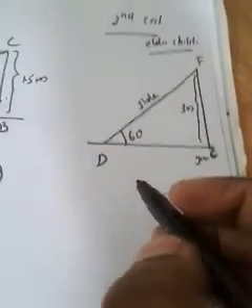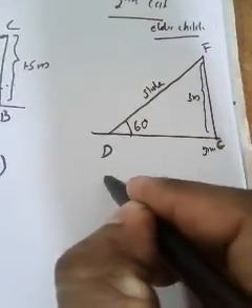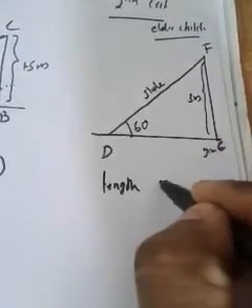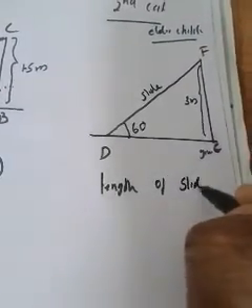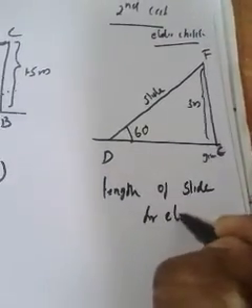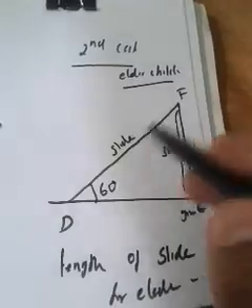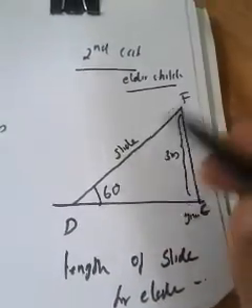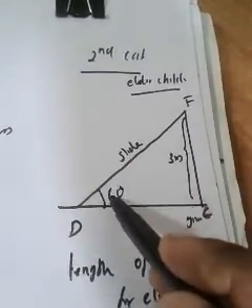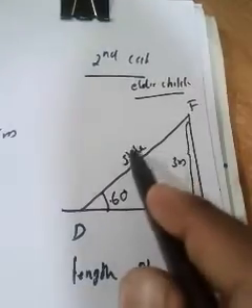And similarly you can calculate here again. I'm going to calculate the length of the slide for elder children, isn't it? So here similarly, according to 60, the opposite side is given. We need the length of the slide, that is the hypotenuse here. So according to 60 degree, opposite is given and we need the hypotenuse.